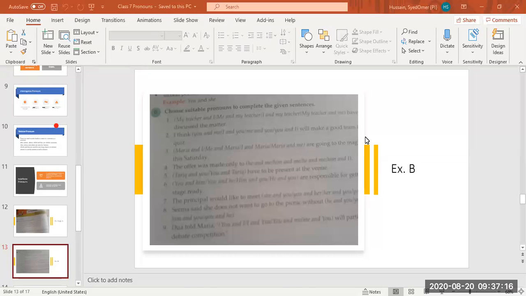Him. Correct. Eight: My friends always carry their earphones with them, so whenever I forget mine, I can use theirs. Good.